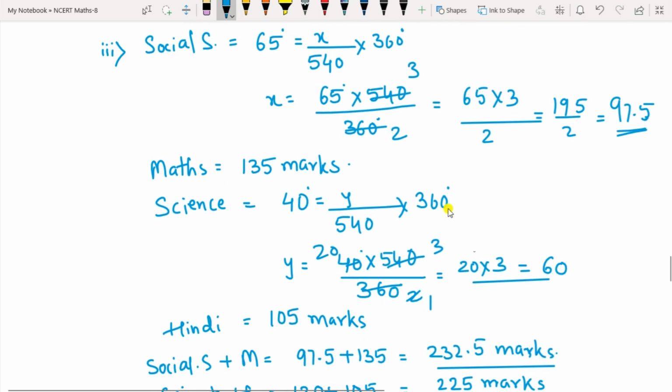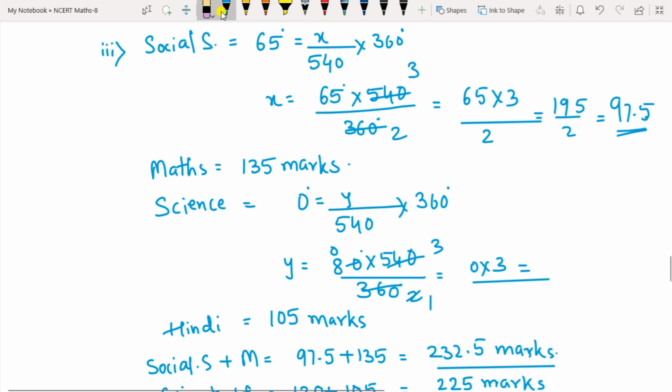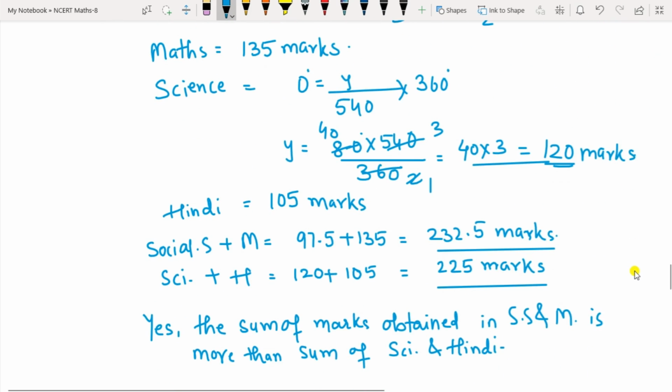For science it is 80 here. So this is 80, so on cancellation we will have here 40. So this will be 40 into 3, which is 120 marks. This will be 120 marks. And Hindi we found earlier as 105 marks.